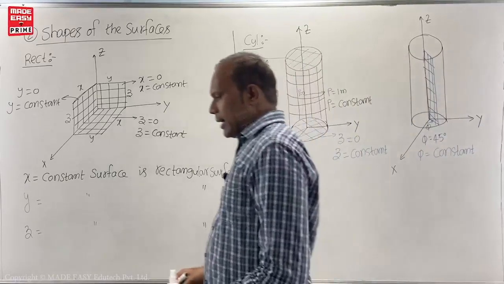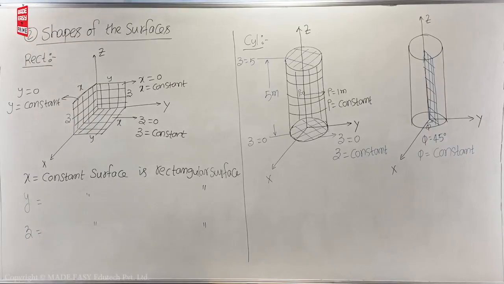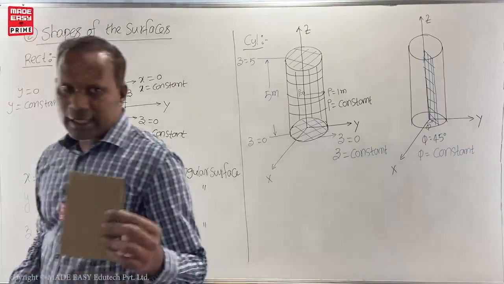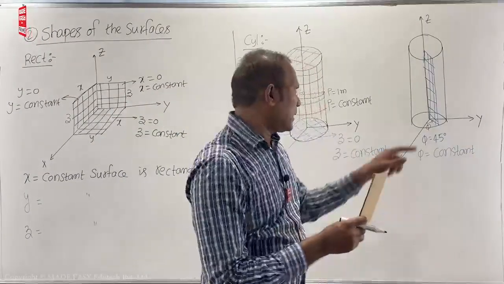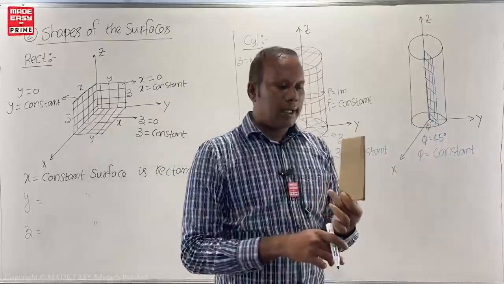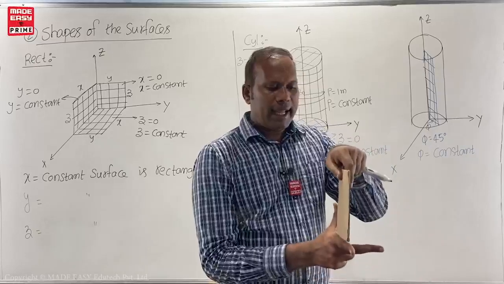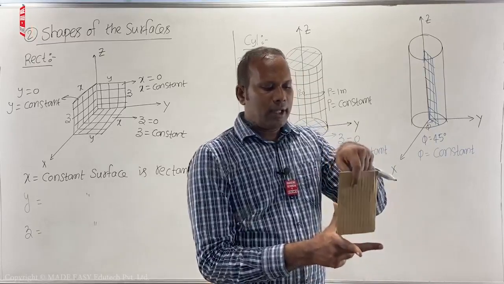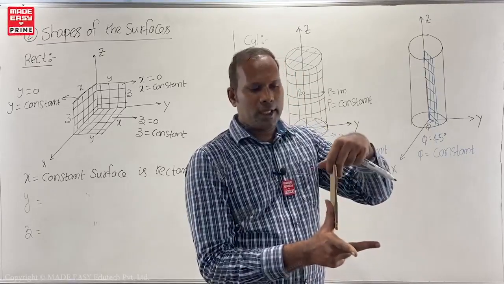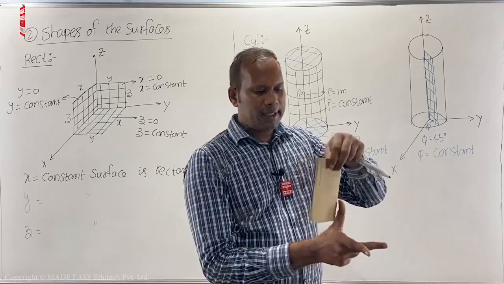Okay, dear students, I will show you here. What I want to tell you is that if you take a rectangular surface like this, and this is x-axis, y-axis, z-axis, put like this, then angle is 0. Like this you do 90 degrees, like this you do 180, like this 270, 360.